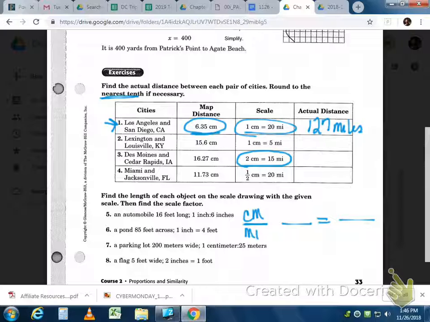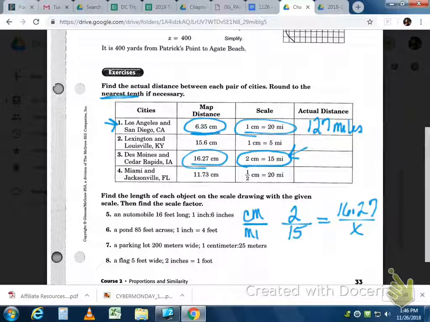Okay, here is the problem. 2 centimeters to 15 miles, 16.27 centimeters. What numbers go where? Who can do it? Dylan? 2 goes on top, and 15 goes on the bottom. Then 16.27 goes on top, and X goes on the bottom because we don't know what that is.